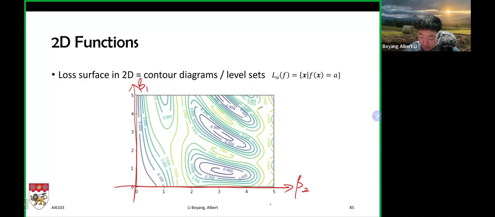For example, if I take the green line, and the green line goes like this, that means this beta 1 and this beta 2 have a particular function value, and that is the same as this point and this point and this point, right? So all the different points on this curve have exactly the same function value.